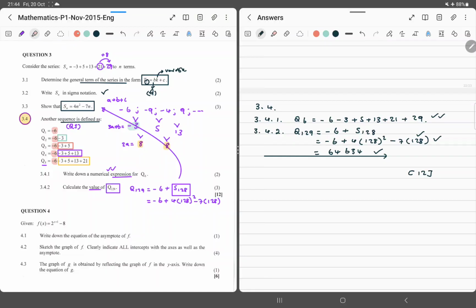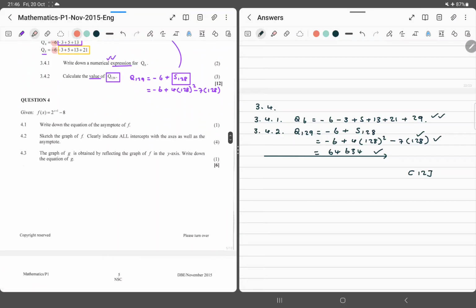So we can find the general term and then solve for term 129. So for 3 marks, you can work a bit harder or you work smarter. It's up to you. So this is how questions like these are handled. I'm a cry nice, eh?